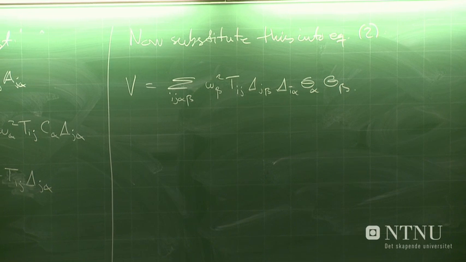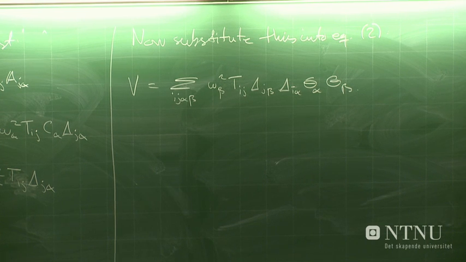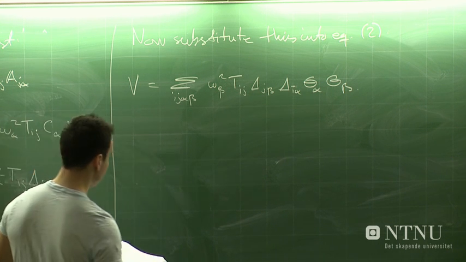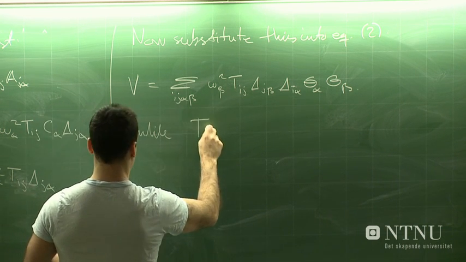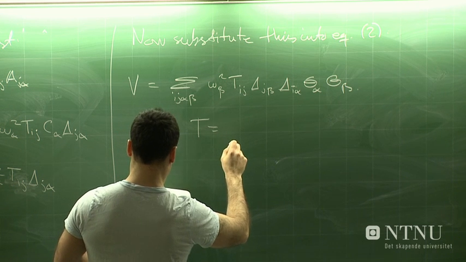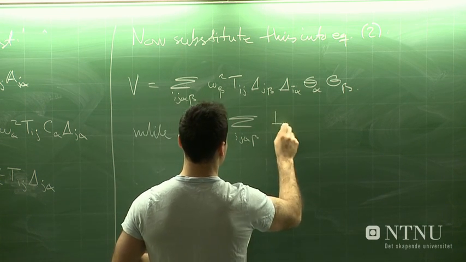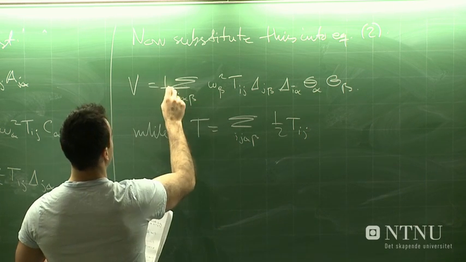So what I've managed to do here is to express both the kinetic energy and the potential energy in terms of these kinetic energy matrix elements, T_ij, at the cost of introducing also the eigenfrequency. Should be a 1/2 here.